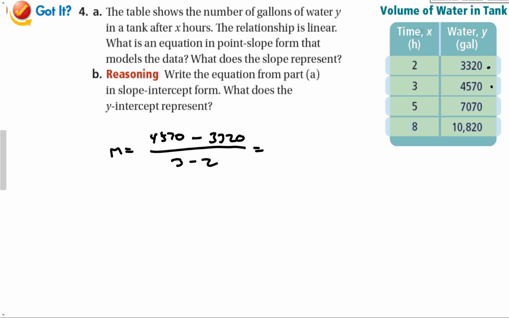Subtract, and we get 1250 over 1. So it's 1250. Using the first point, we have y minus y1 is equal to the slope times x minus x1.